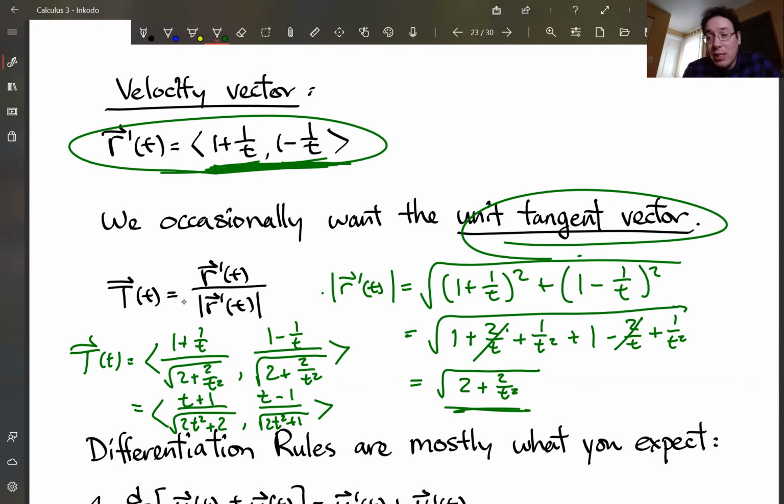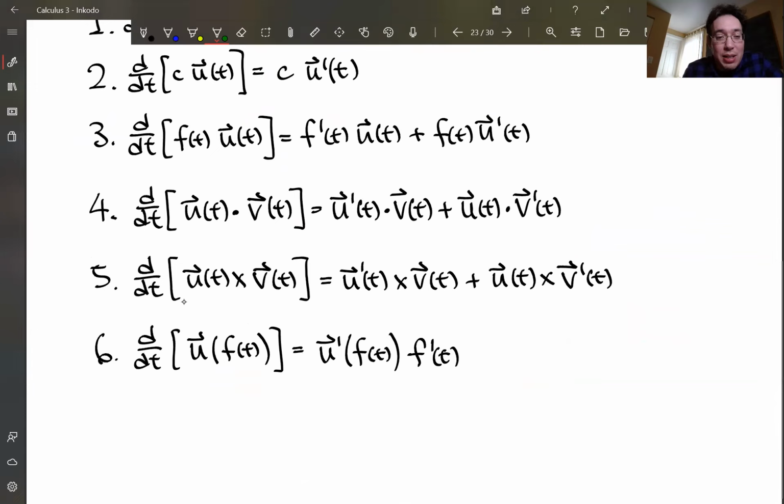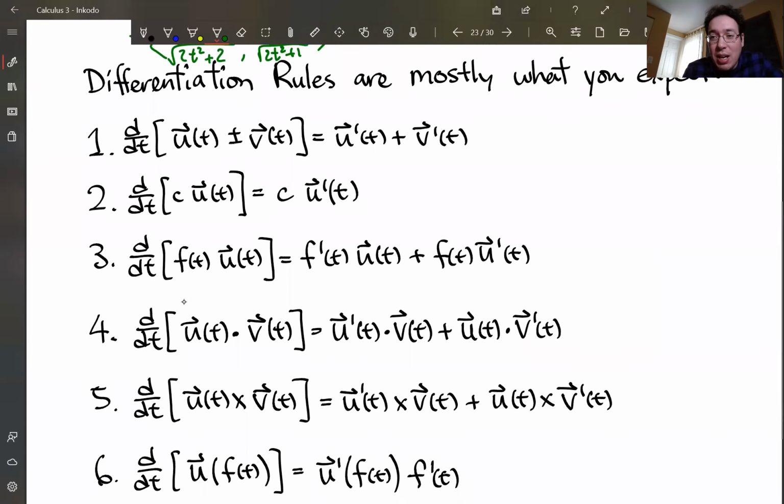Okay, all right, so we've discussed lots of different types of derivatives, and we have a lot of different vector arithmetic computations that we know how to do. The nice thing, and I'm not going to go over this carefully, is that pretty much all the differentiation rules that you know and learned in Calc 1 or a Math 124 class are going to carry over with a very similar formula. So we know how to add vectors.